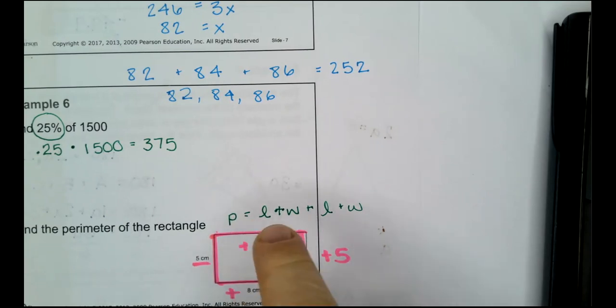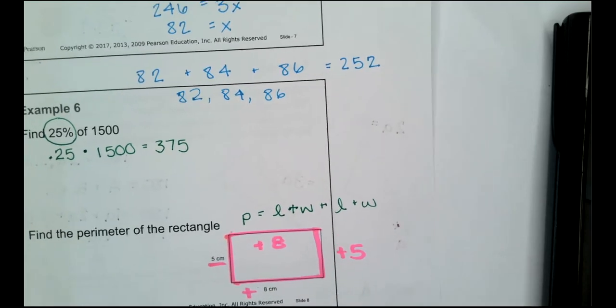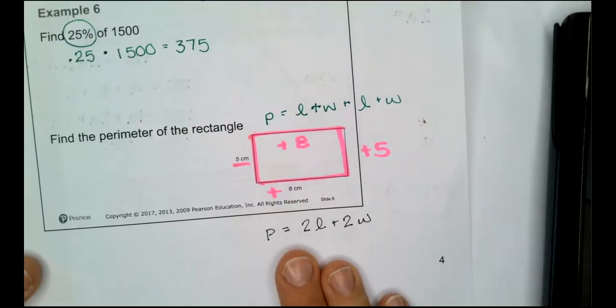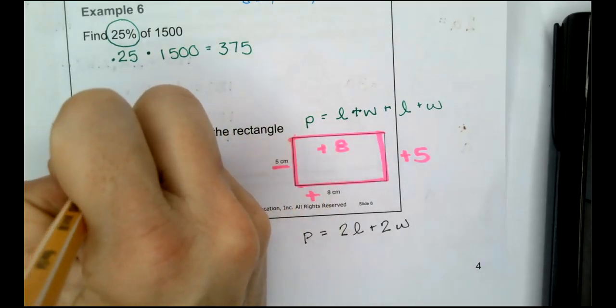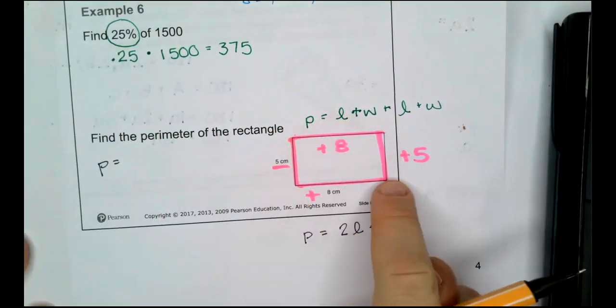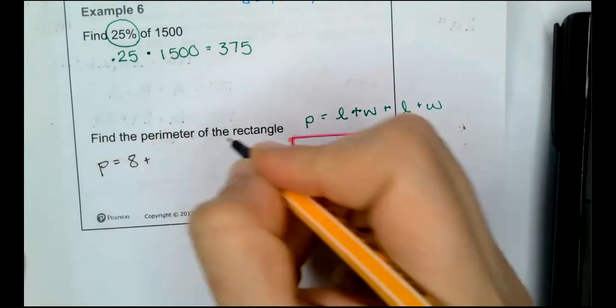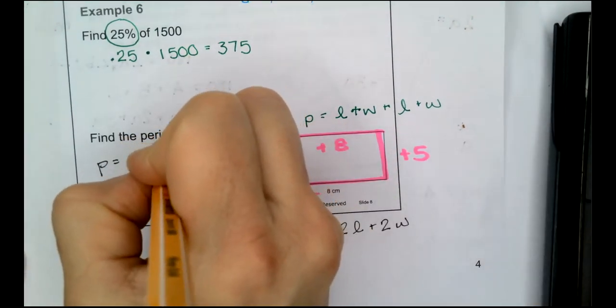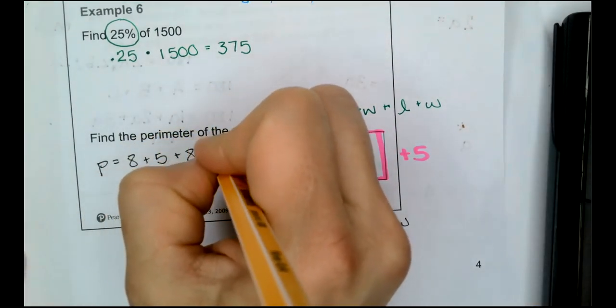We write it as length plus width plus length plus width, or you can write it as 2 lengths and 2 widths, right? Because we could say that this is, what's the length? The length is 8, plus the width is 5, plus the length again is 8, plus the width is 5.